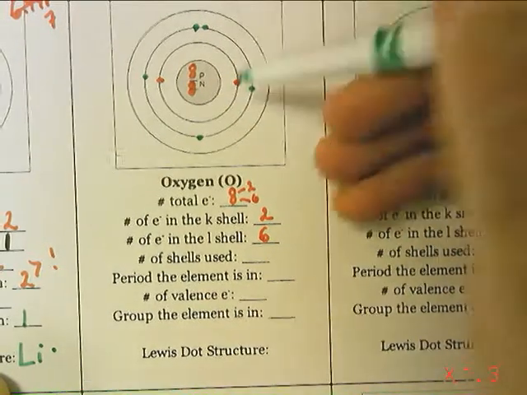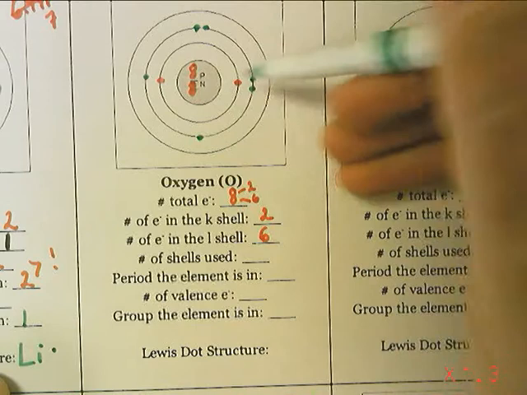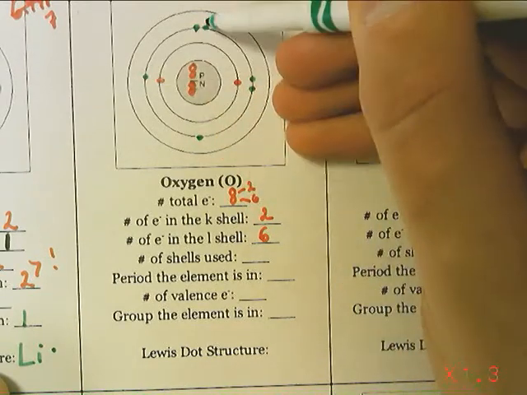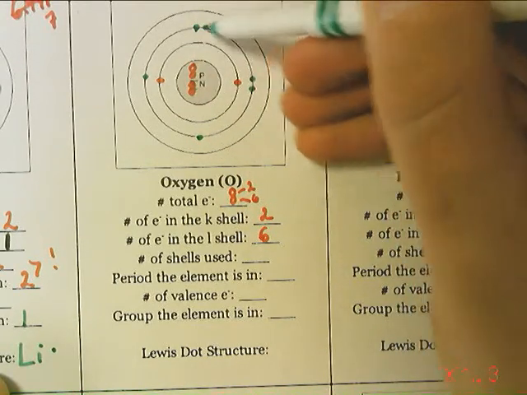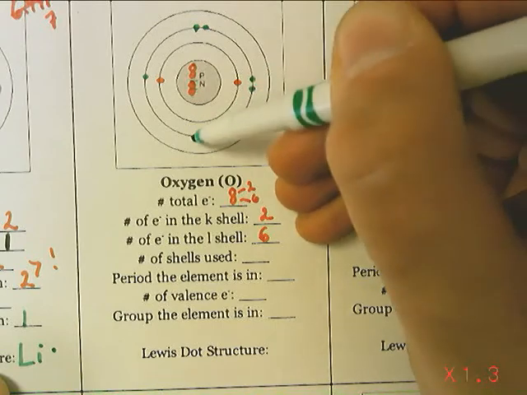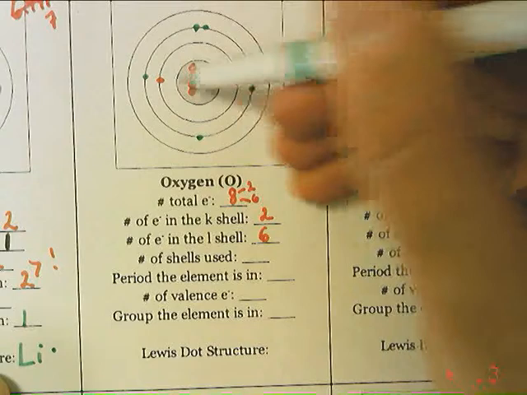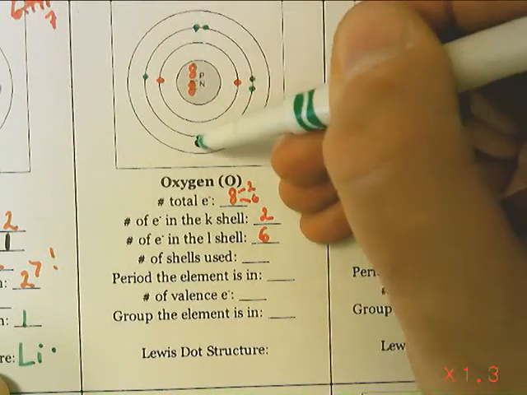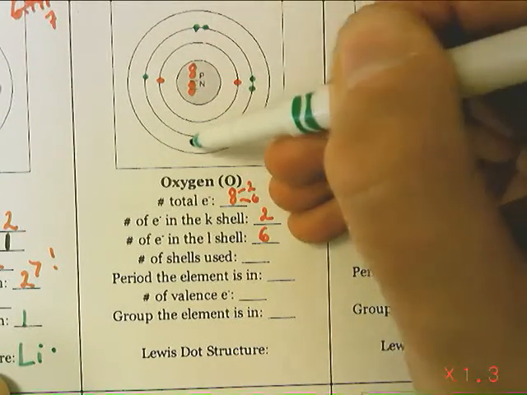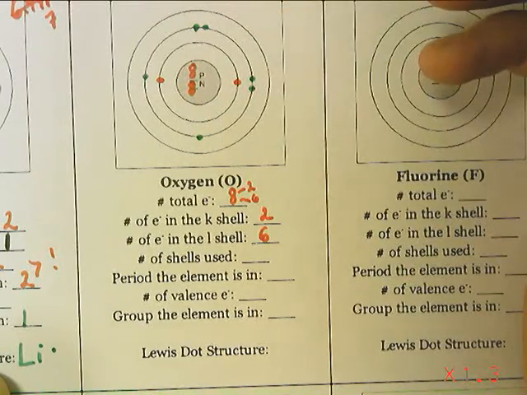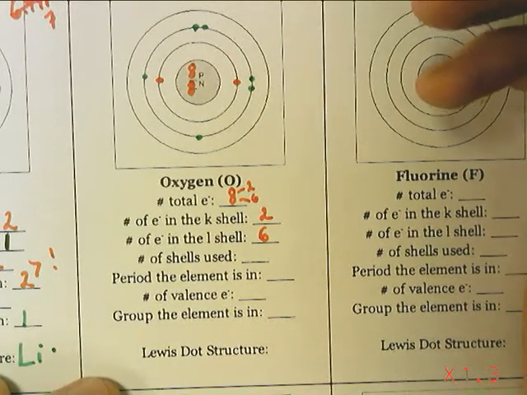Notice the pattern. 1, 2, 3, 4, 5, 6, 7, 8, and we put our 9th one there if we needed it, and our 10th would go there. 1, 2, 3, 4, 5, 6, 7, 8, 9, 10. Now electrons are like people on a bus.